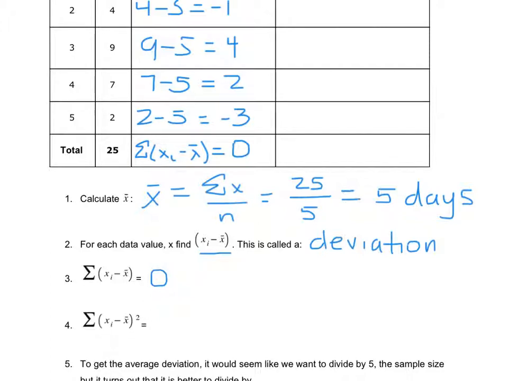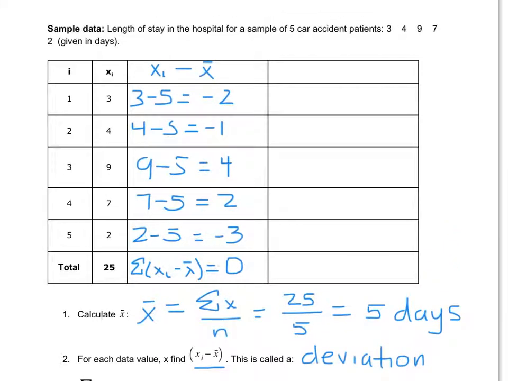So what can we do to get rid of negative values? There's a couple of options. We could take the absolute value, or we could square. It turns out squaring is the option we want to go with, because it works a little better mathematically.